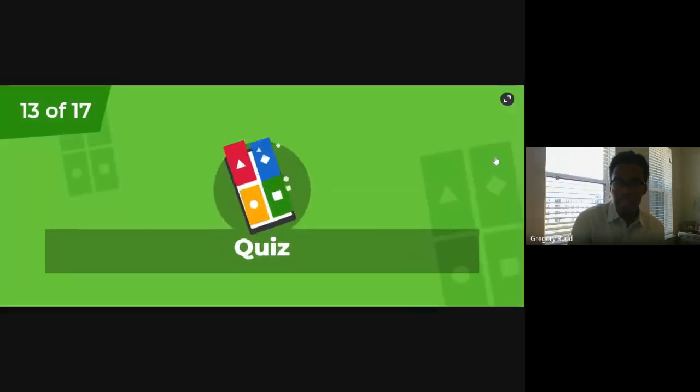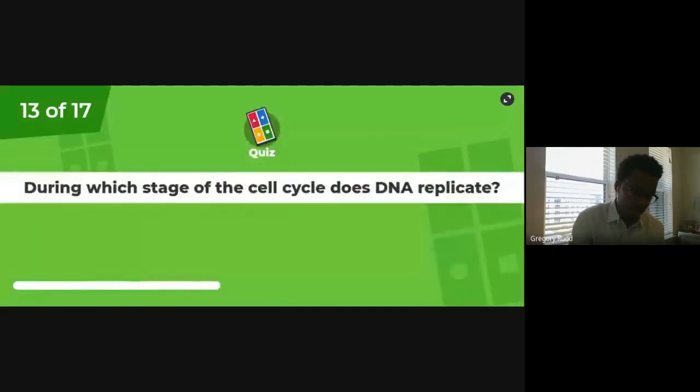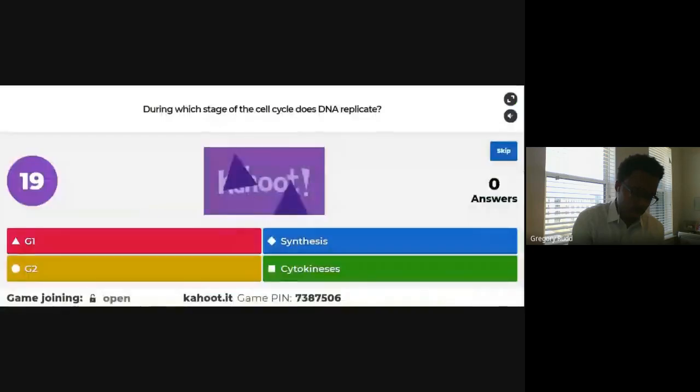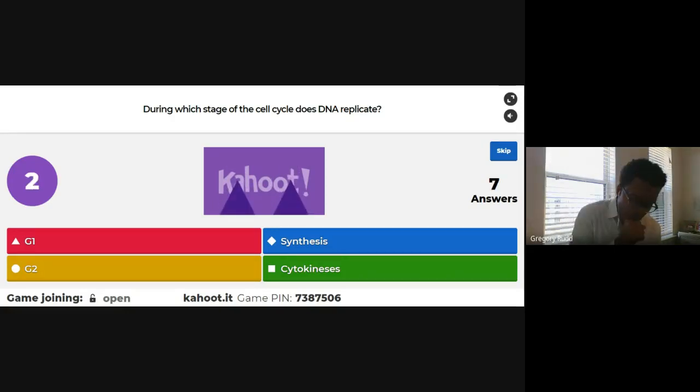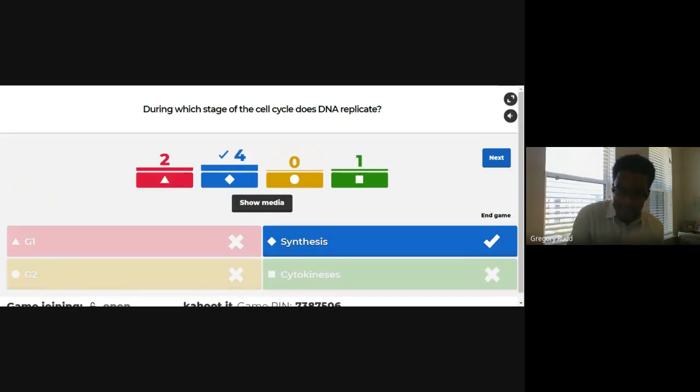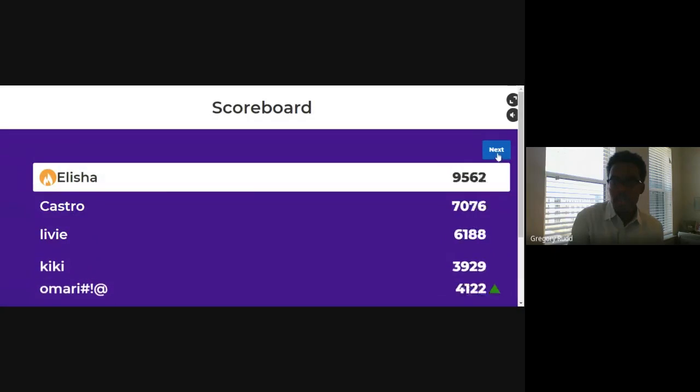Good job. Okay. Good. DNA gets replicated in synthesis. Very, very important stuff right there.